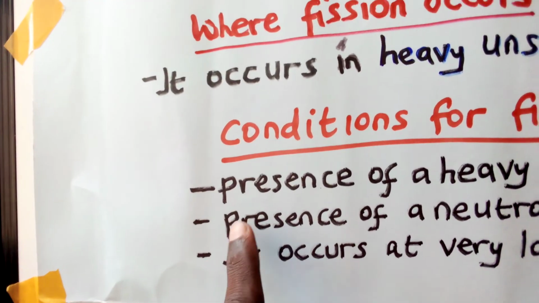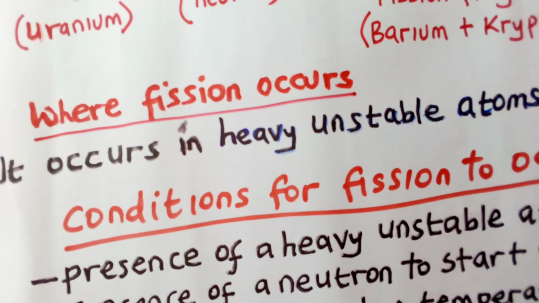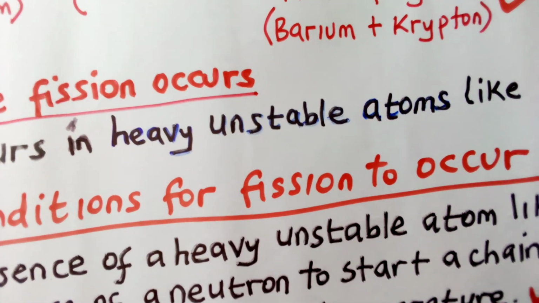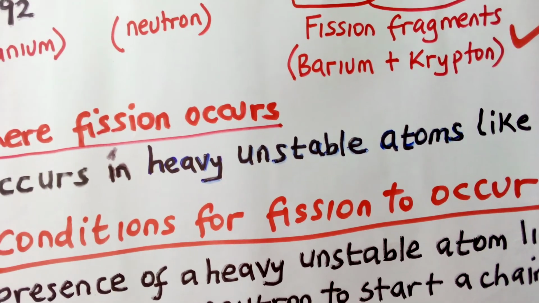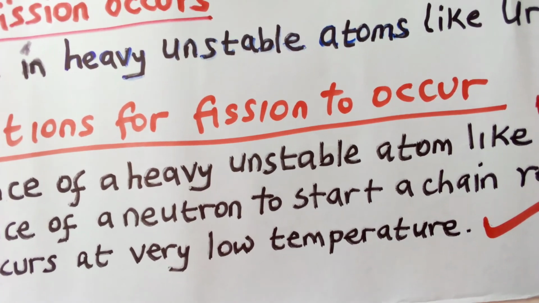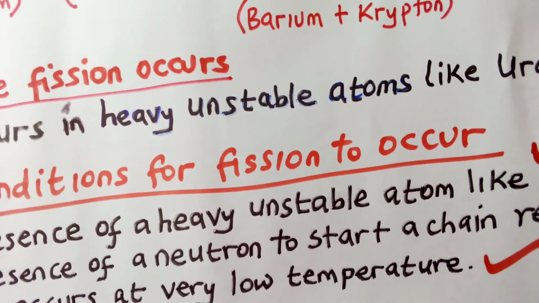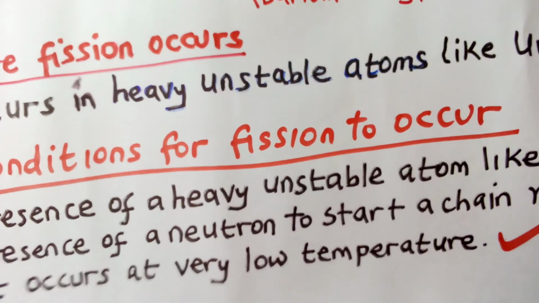So that is our second point, presence of a neutron. What is the work of a neutron? The neutron is the one that starts the reaction, because the neutron hits the uranium atom, and then the uranium atom what? Splits. The uranium atom will not split unless the neutron hits it. So you need the presence of a neutron to start a chain what?